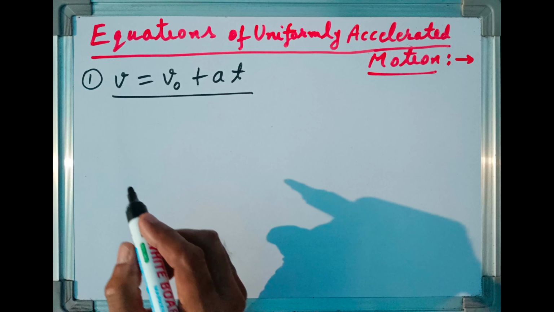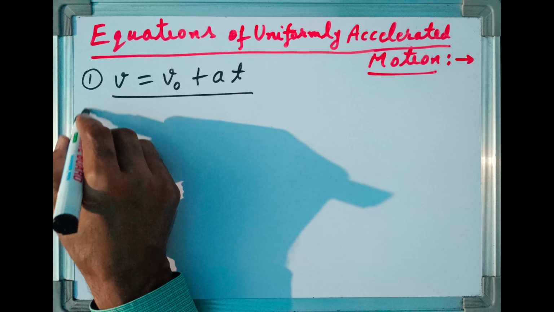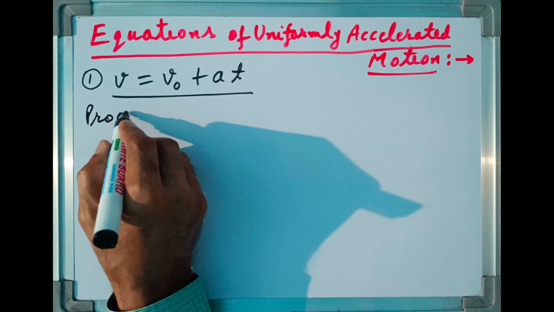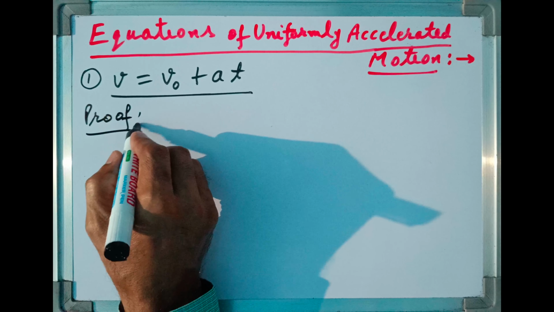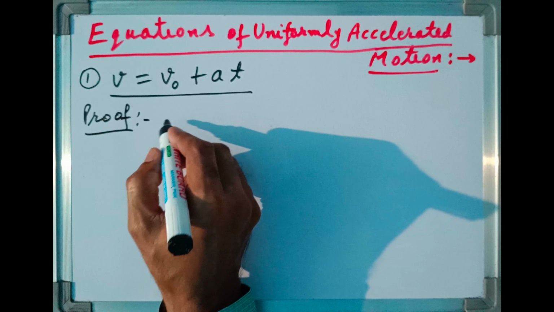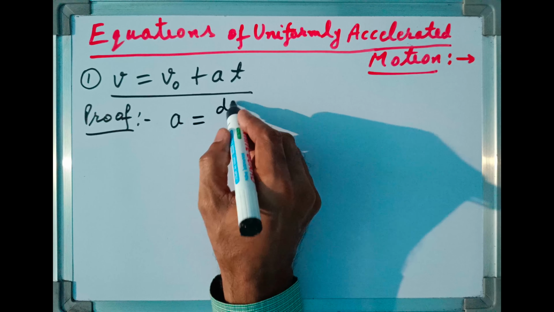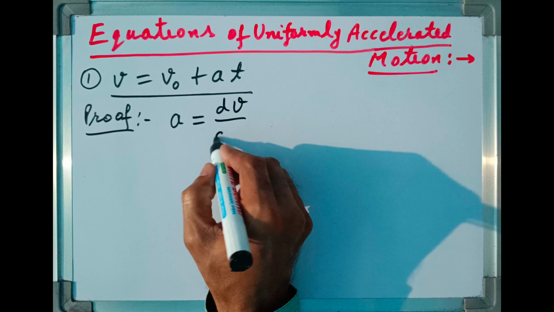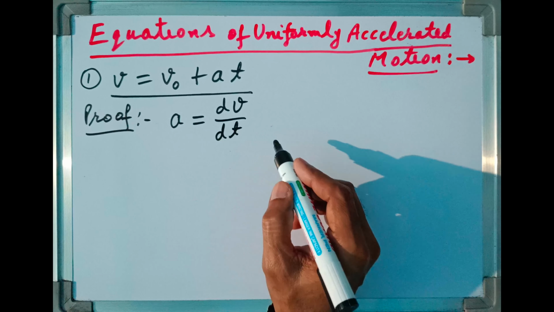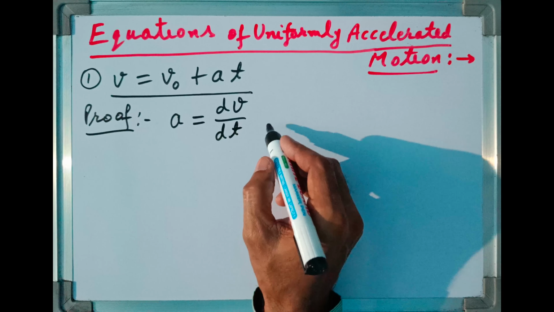In order to prove this relation, let us consider the definition of acceleration. Acceleration is defined as rate of change of speed of body, that is a equal to dv by dt.